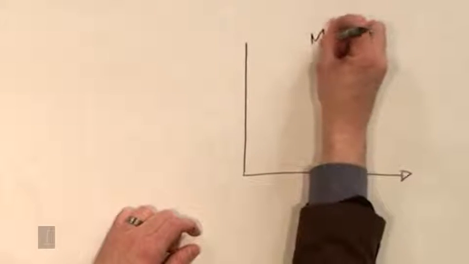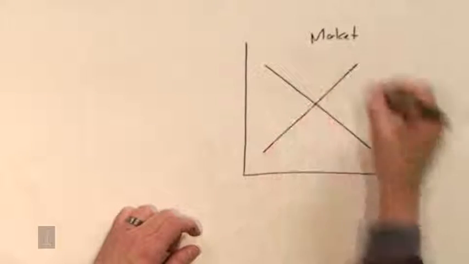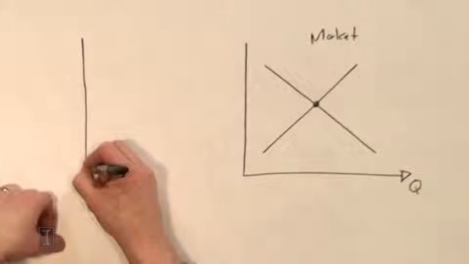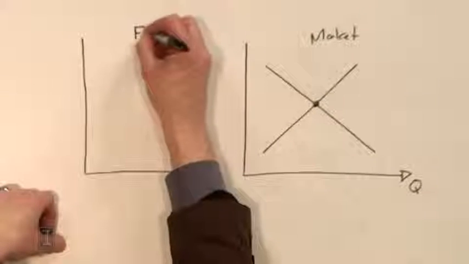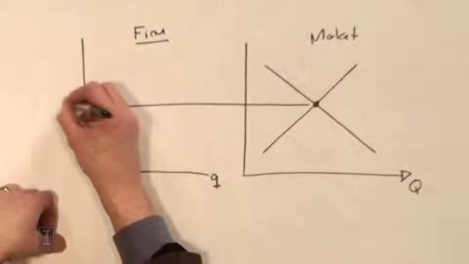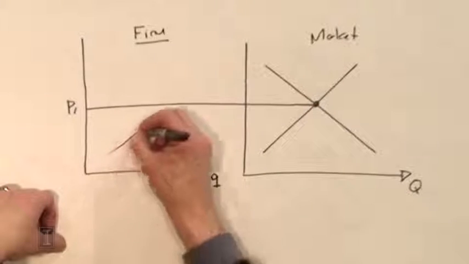This is the market here, and we have a supply and a demand for haircuts. Now the typical firm will take that price from the market, and they will try to do the best thing they can with that. They will maximize profits.